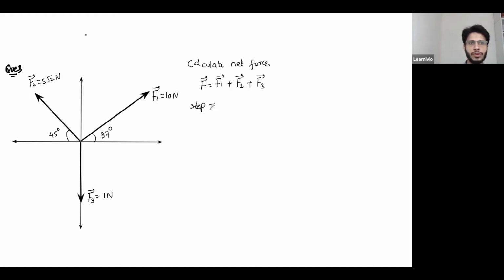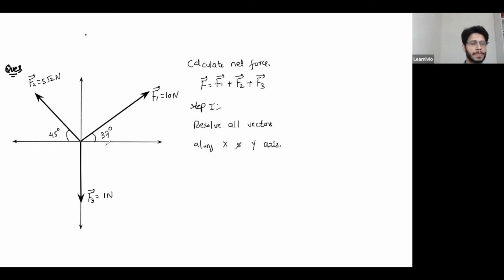So using resolution, the first step is resolve all vectors along x and y axis. That's the first step. You have to resolve all the given vectors along x and y axis.